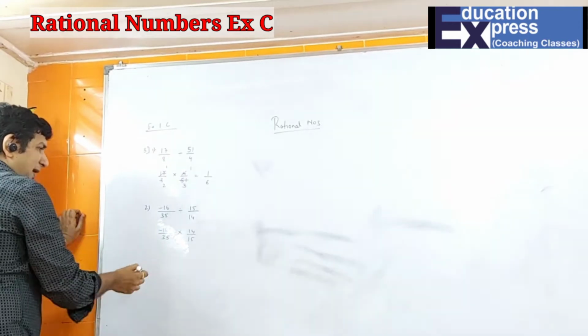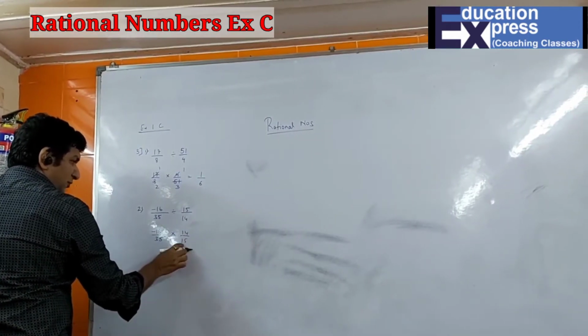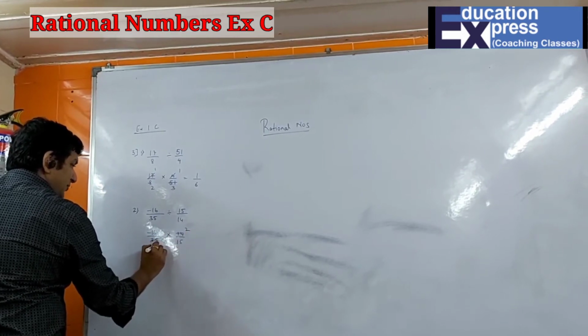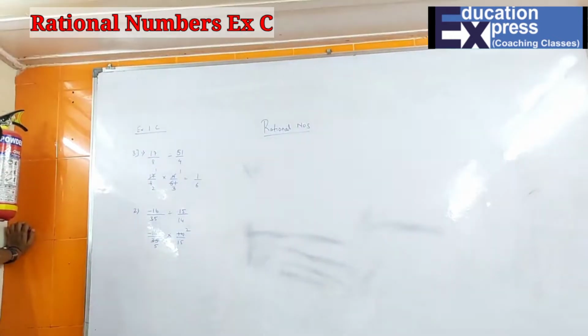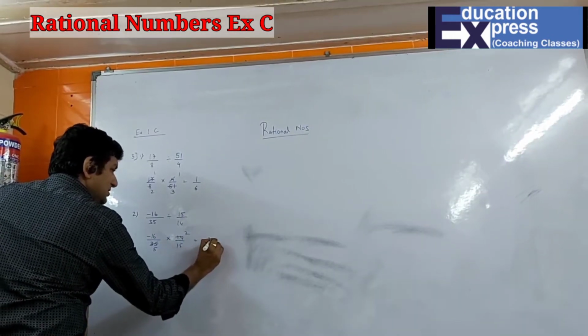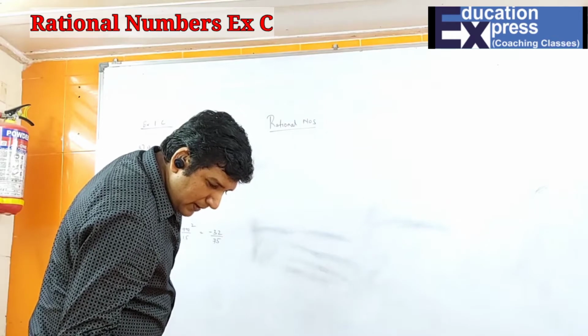Whatever you can cancel: 16 and 15, nothing is possible. 14 and 35, 7 is possible. 7 twos are, 7 fives are. Now nothing is possible. So the answer will be 16 twos are minus 32 and 15 fives are 75. This is the final answer.